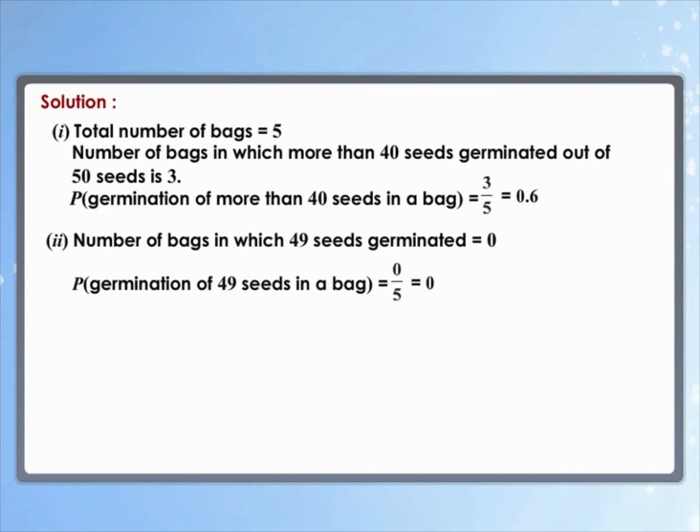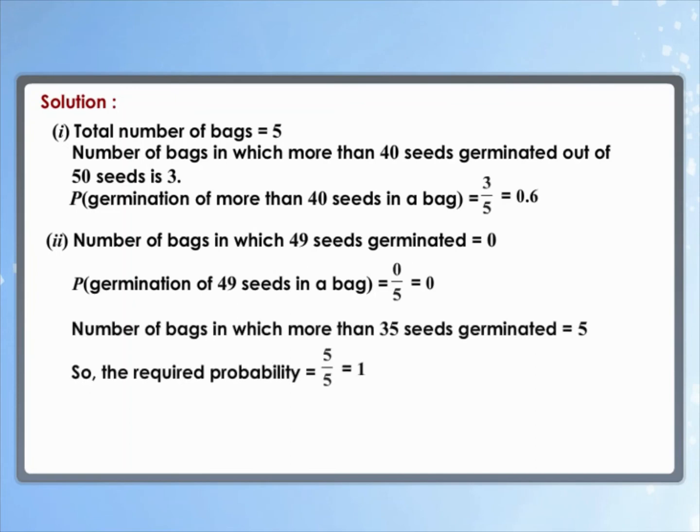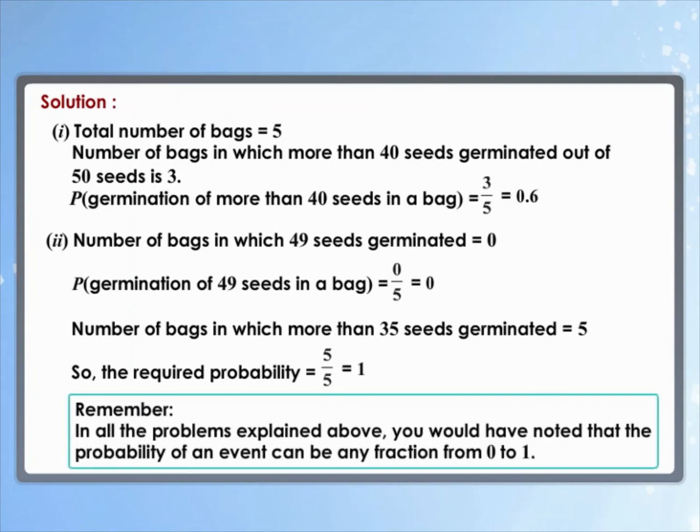P of germination of 49 seeds in a bag is 0 by 5, which is equal to 0. Number of bags in which more than 35 seeds germinated is equal to 5. So the required probability is 5 by 5, which is equal to 1. Remember, in all the problems explained above, you would have noted that the probability of an event can be any fraction from 0 to 1.